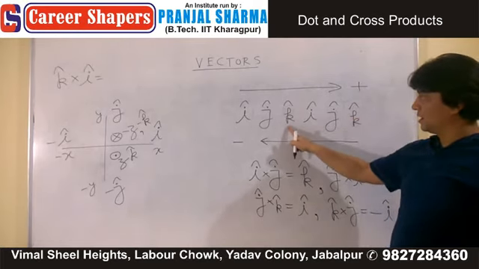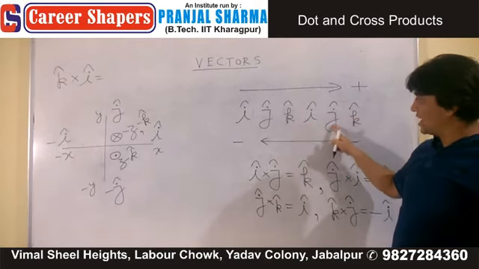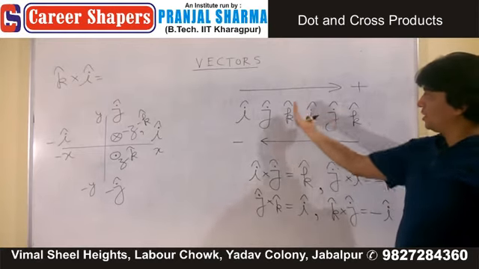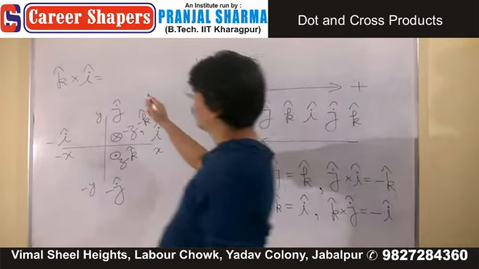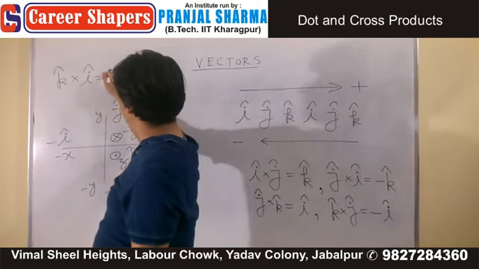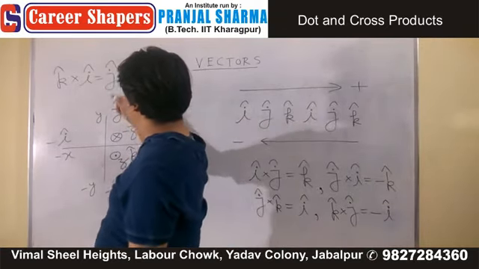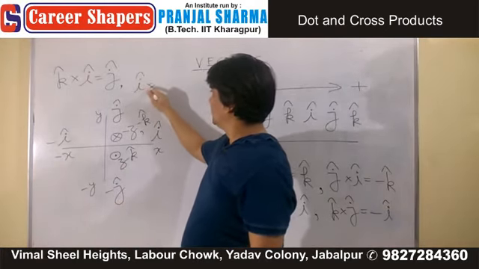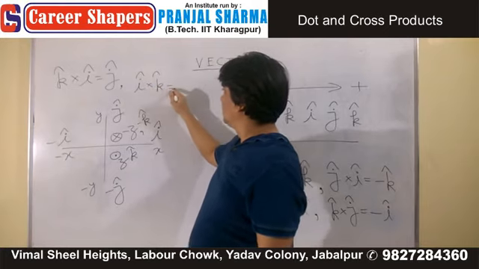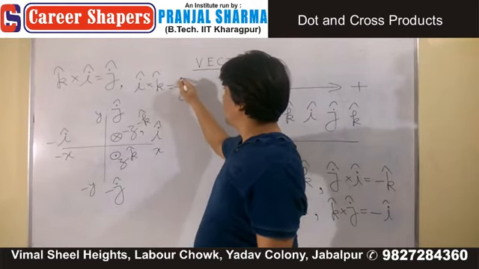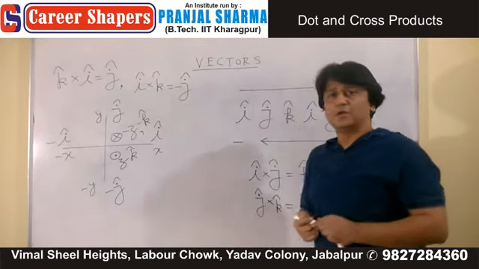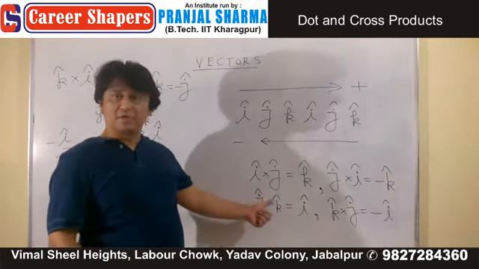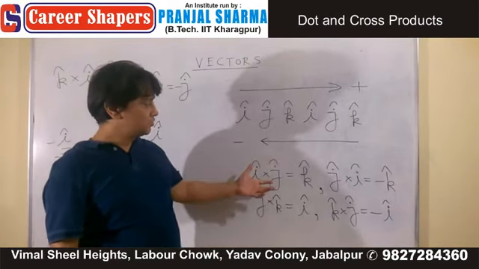K cross I, the next one. K, I, next one, J. Moving this side, this is coming plus J cap. And if somebody says find out I cross K, you will say minus of J cap. It's a very easy trick. It helps you in remembering these numbers. Note down the trick first.